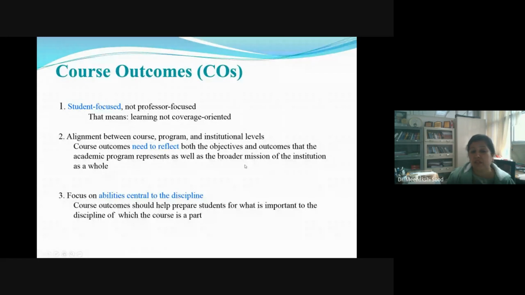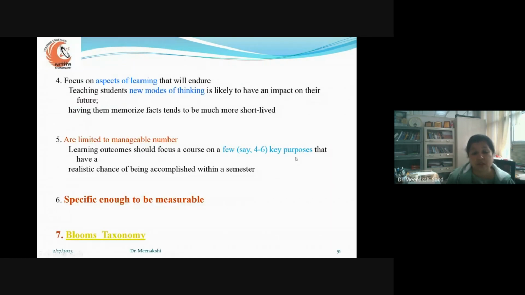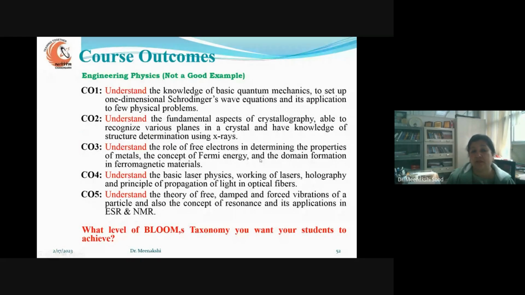And then comes the third part, that is the course outcomes, which are specific to the courses. I won't talk much about it because a lot of sessions have been taken on course outcomes. Now know how Bloom's taxonomy is used, and that the course outcomes have to be measurable. As I said, the thumb rule is that 4 to 6 learning outcomes should be connected with one course, right?